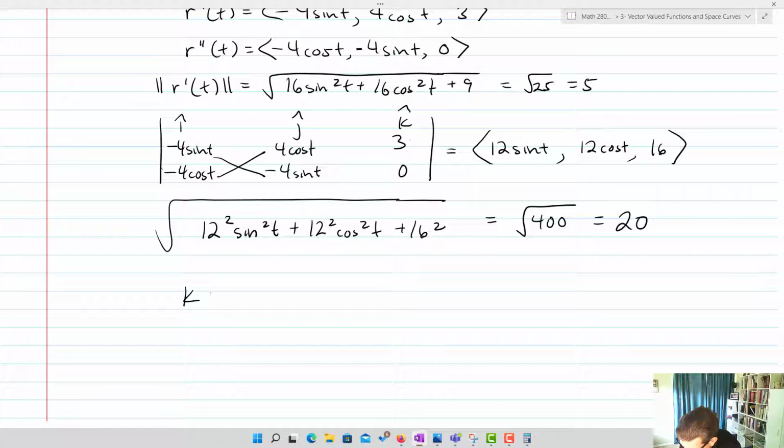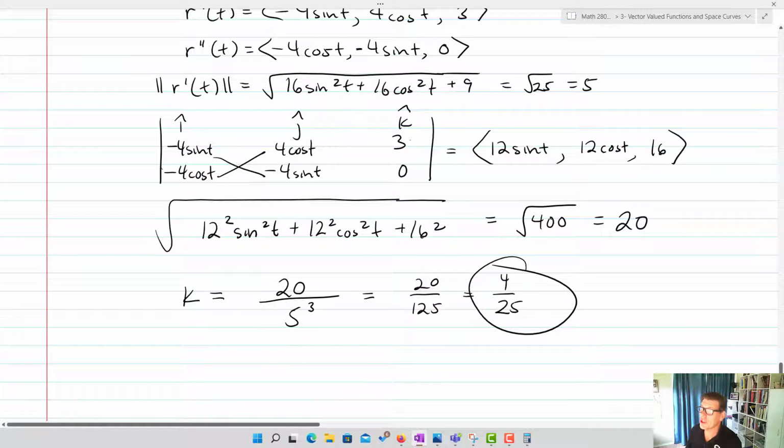Putting that into our curvature formula, that's going to be 20 over 5 cubed, which ends up equaling 20 over 125, which, if we divide through by 5, gives me 4 over 25. And that's my curvature, which matches my curvature before. Good news!